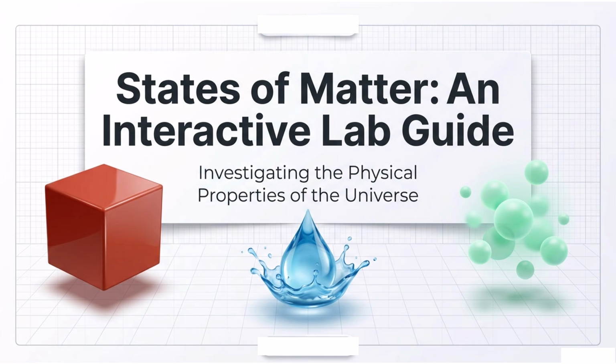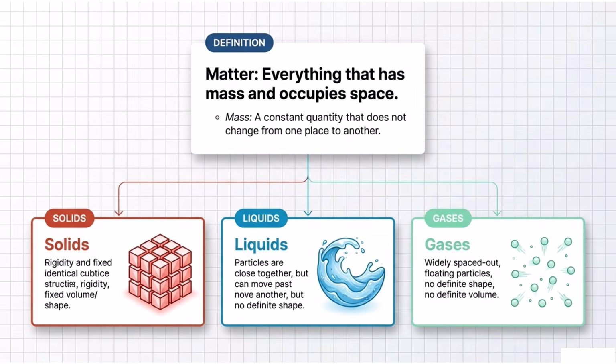Our first lesson is about the matter. You studied it before. First, what's the meaning of matter? It's everything around us that has mass and volume, or occupies space.